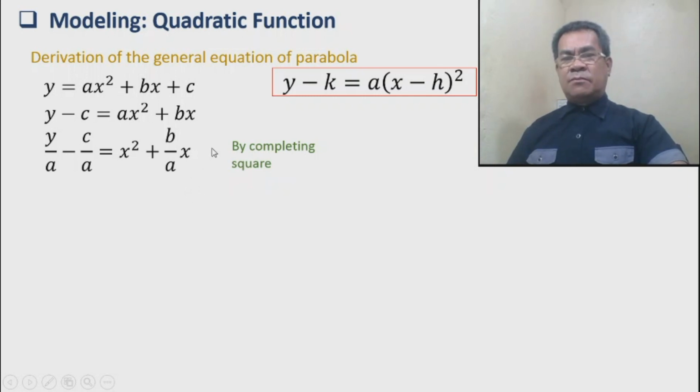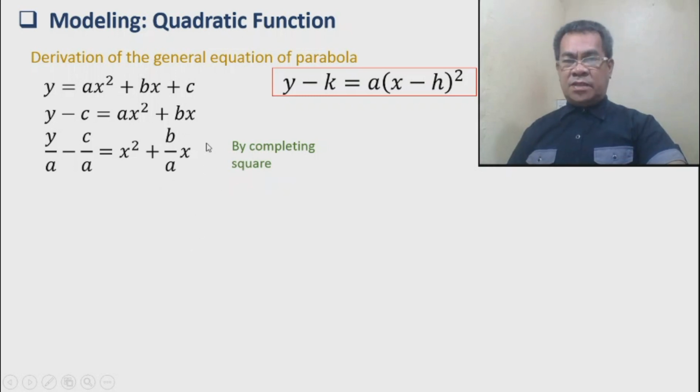Now, the question is, how to obtain the last term to become a complete or perfect square trinomial? Very easy. The coefficient of the first degree variable is b over a. You have to divide the coefficient of the first degree variable by 2, then square.